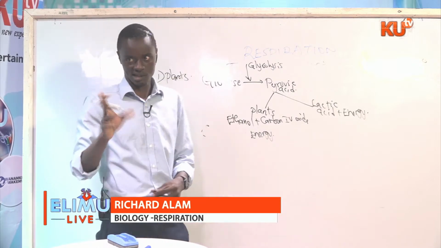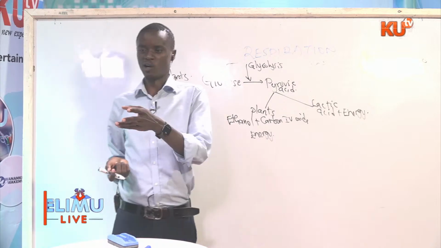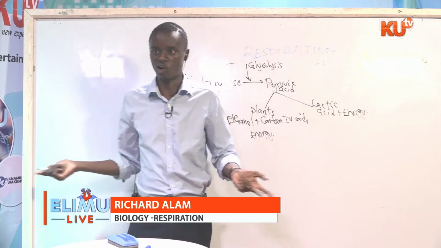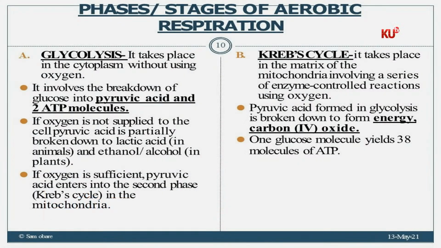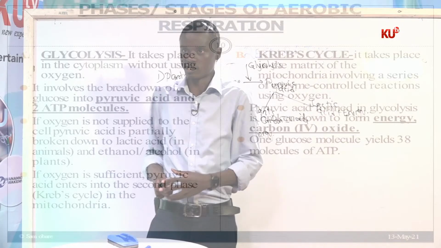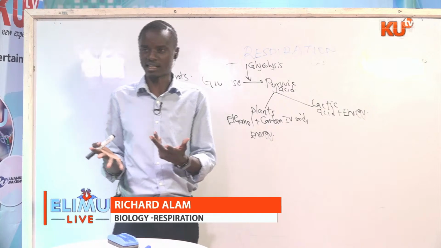Now, the question is very simple, but very technical, because we have more than one product: ethanol, carbon dioxide, and energy. One student will write ethanol. You know, students always write one of the points. So you feel ethanol is the main product.